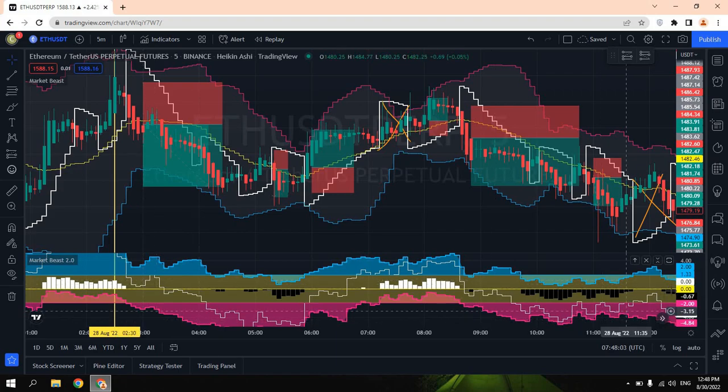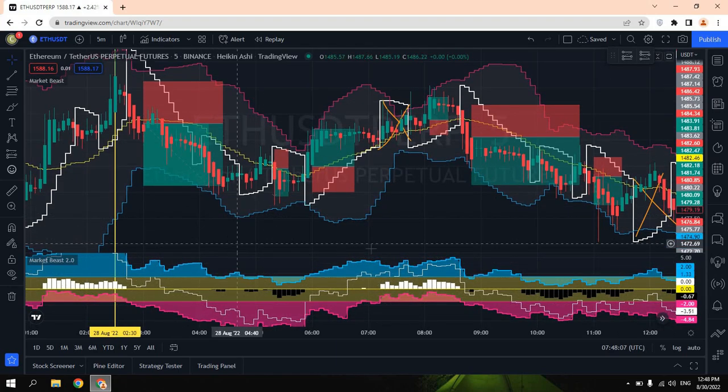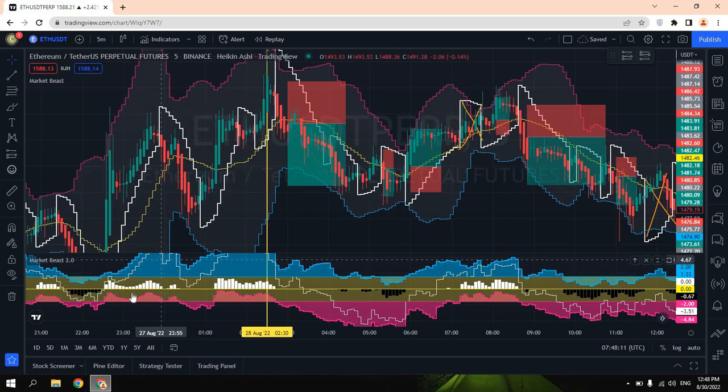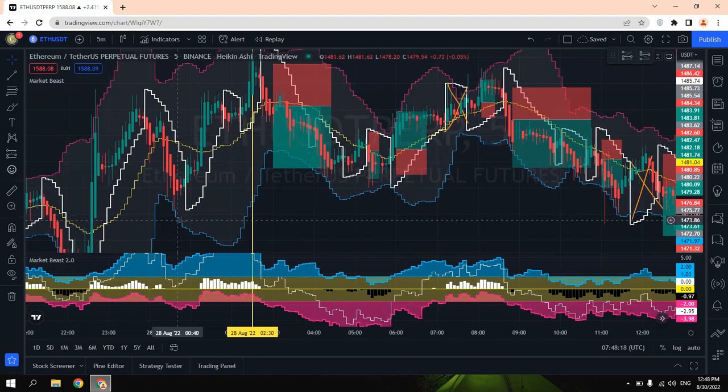So this should be the first thing we should see while taking a trade. Whenever we have this blue area dark and this area getting light, we will look for long entries. And whenever we see an area like this, blue area getting less and pink area getting dark and large, we will look for short entries.